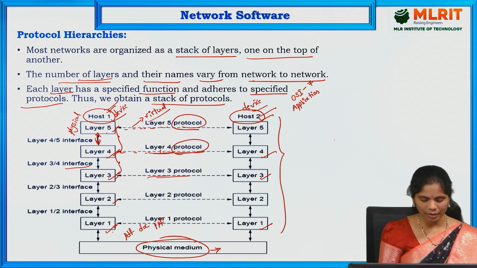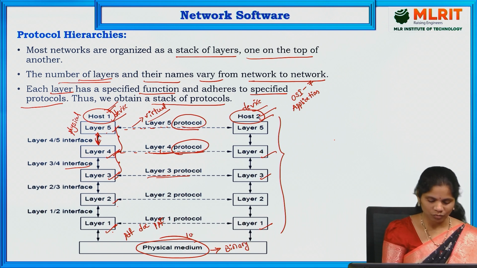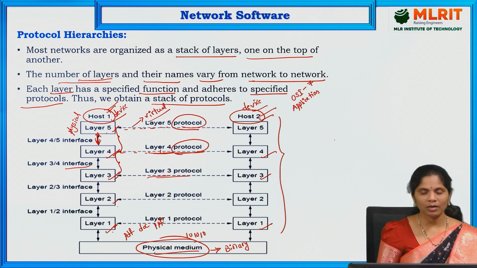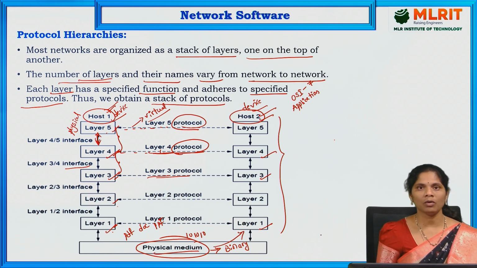The data is transferred in the form of binary. The computer-understandable language is binary only, that is, zeros and ones. Whatever data is to be transferred is converted into zeros and ones, and then it is transferred to host 2. That is the main work of the physical medium.